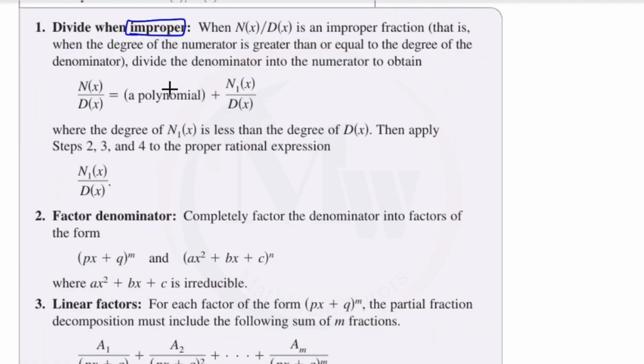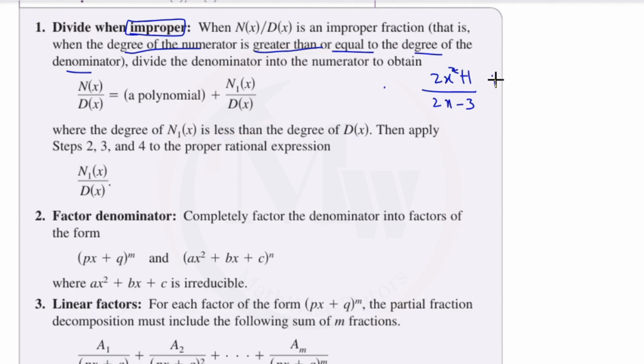First thing, when you have an improper fraction, what is an improper fraction? If the degree of the numerator is greater than or equal to the degree of the denominator. For example, you have 2x square plus 1 divided by 2x minus 3. See, what is the highest power of the numerator? It is 2. But the denominator's highest power is 1.